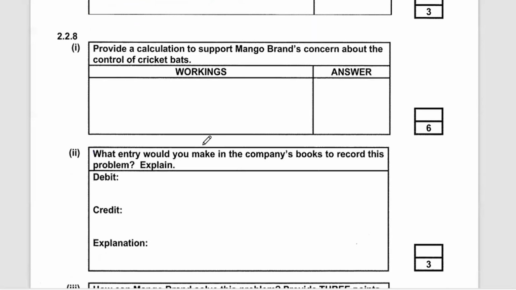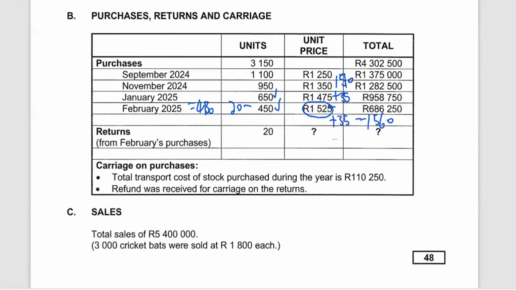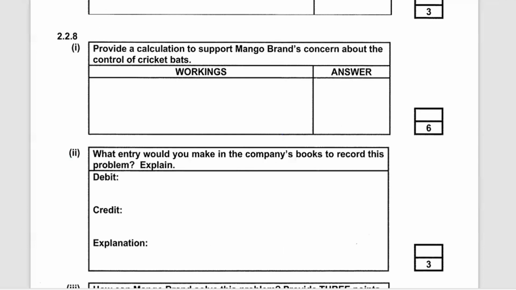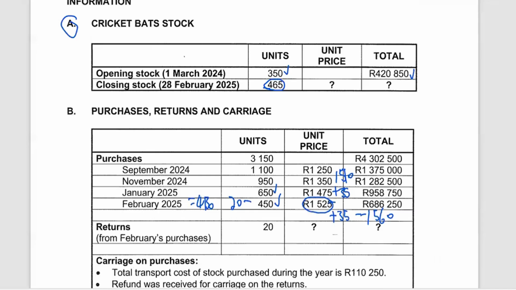Then 2.2.8, provide a calculation to support Mango's brand concern about the control of cricket bats. So now let's go to our information. If you can check the cricket bats, we had the opening stock of 350 units. Then we purchased 3,150 units.